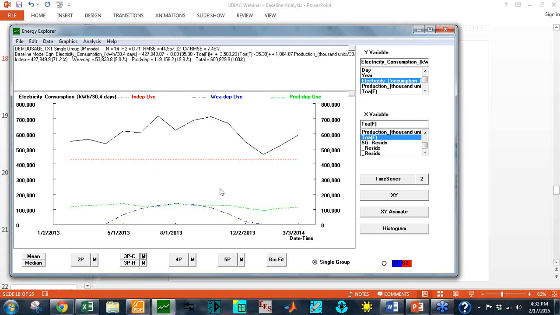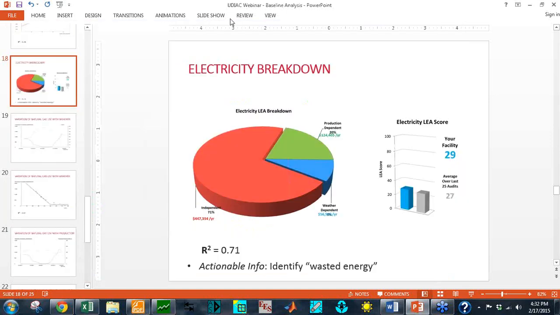This isn't the prettiest graph down here, so I usually just look up here, and we can see that the statistical analysis told us 71.2% is independent, 9% is weather dependent, and 19.8% is production dependent. So we just make it a little bit prettier and put it in here. So this all comes from Energy Explorer.